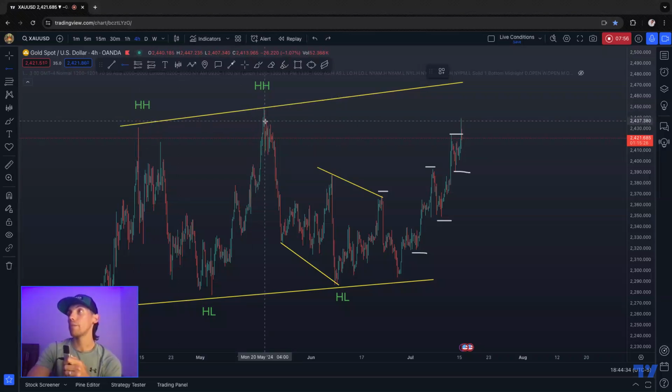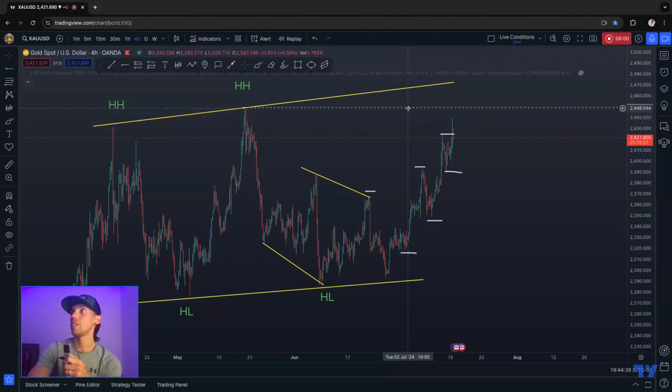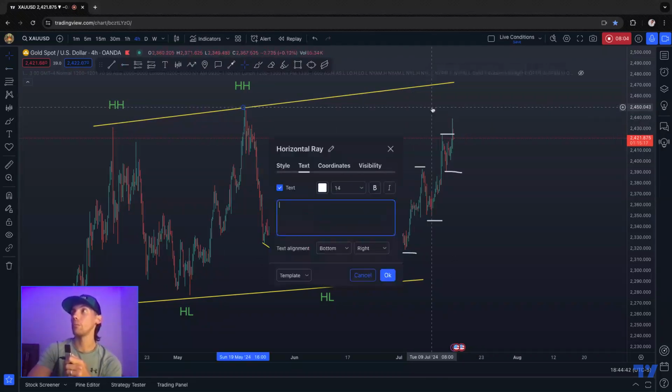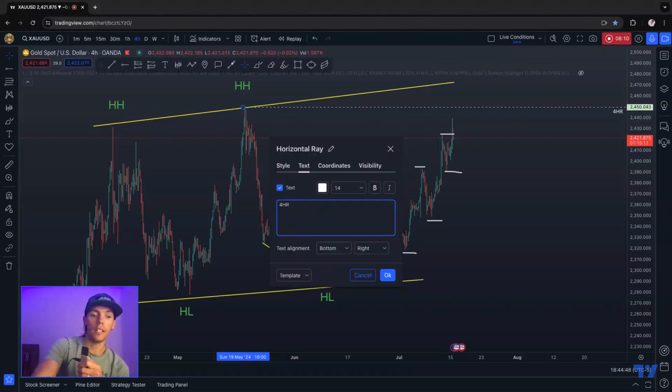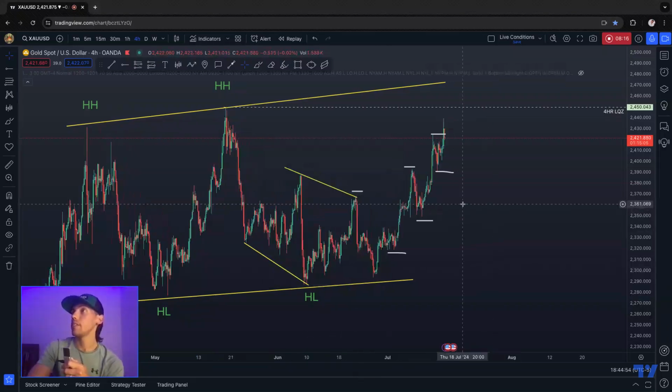We just grabbed this liquidity zone here, but this is the one that we're going to look out for. Liquidity zone being an area where price is likely to come back and take out that high or that low, depending on which way the market is trending. So we're going to mark that for our liquidity zone.